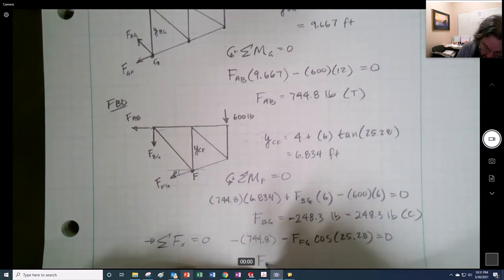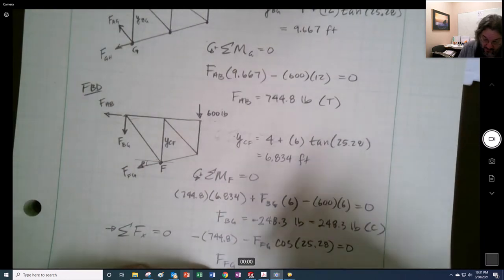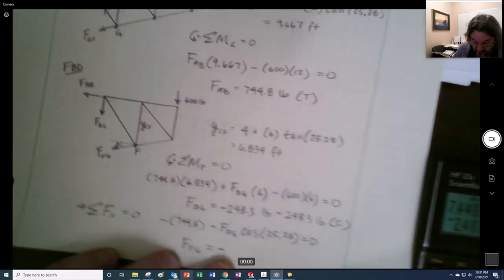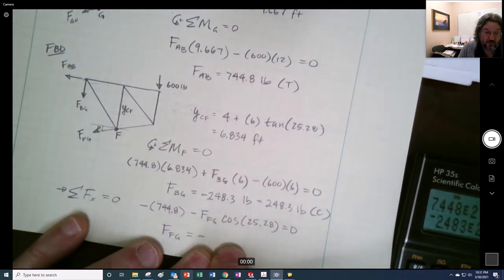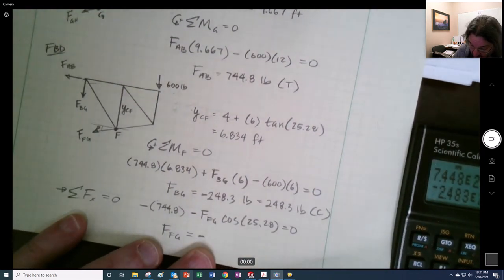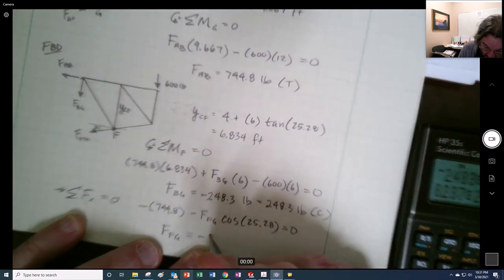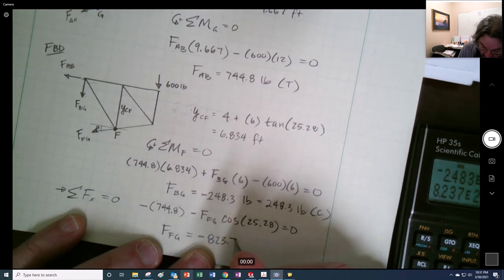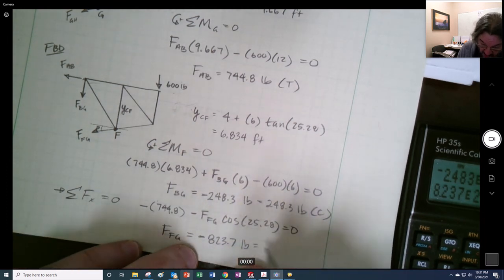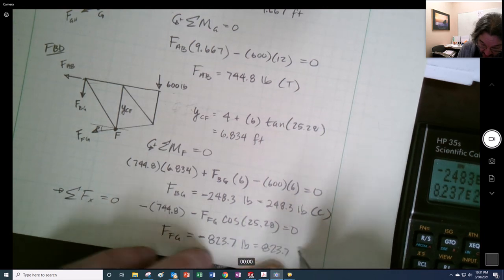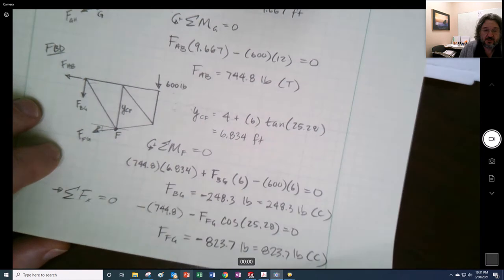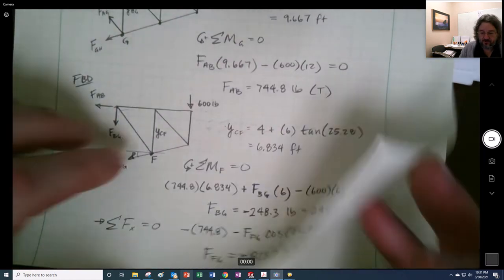And FFG is therefore going to be negative. So it's obviously compression. I drew it though left, so I'm going to put it down there as left. So we go 744.8 divided by cosine of 25.28, and we get a negative 823.7 pounds, or 823.7 pounds compression. Unfortunately, we don't have enough room, so I will use another page to summarize.